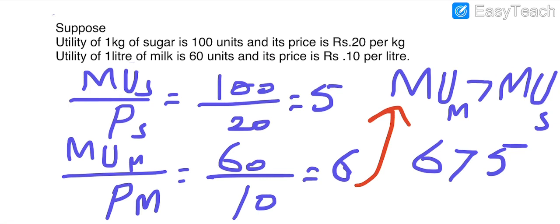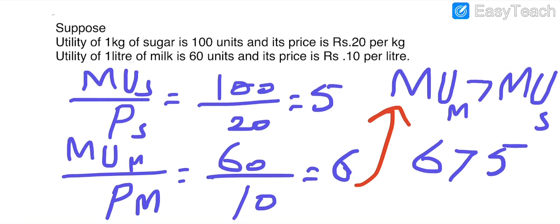Suppose, for example, that 1 kg of sugar gives 100 units of utility and its price is 20.